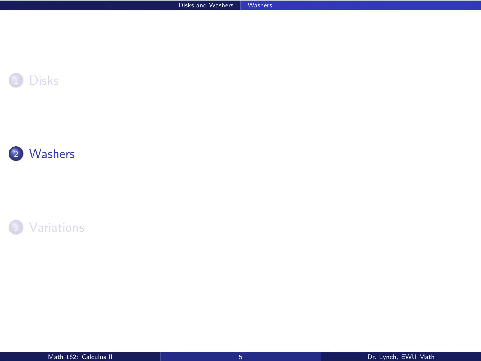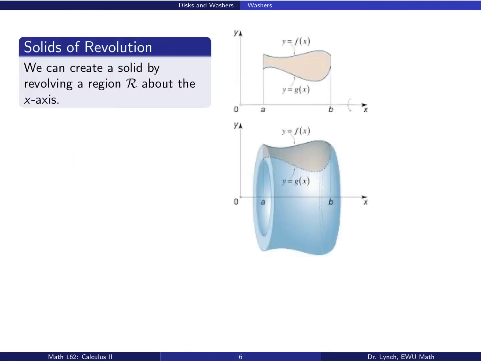The same strategy is useful in a slightly different situation, when instead of obtaining a disc, we might obtain a disc with the hole punched out, or in other words, a washer. To motivate the washer example, we'll think about revolving a region bound between f and g on the interval from a to b around the x-axis.